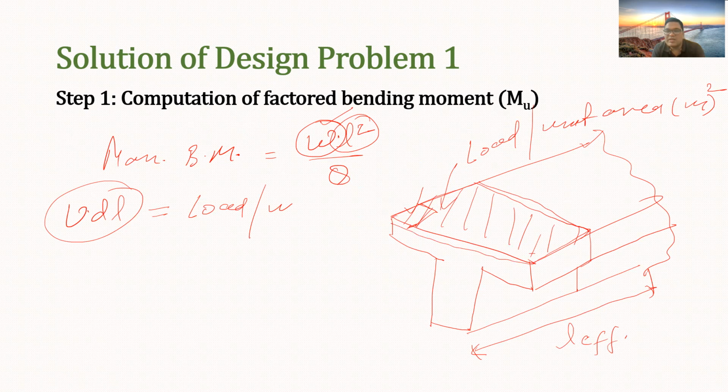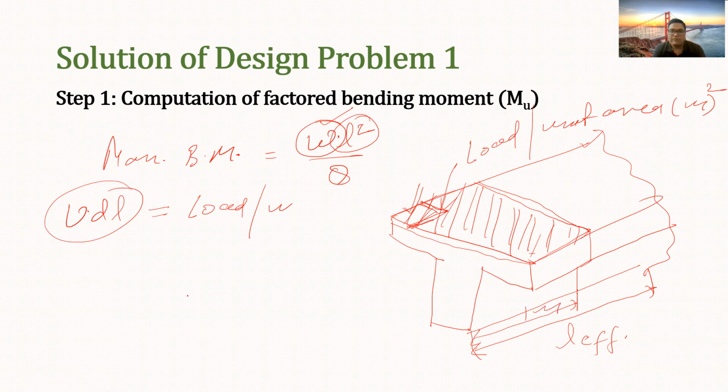So in 1 meter length, we have total area of the slab, this one. First we will find out the load intensity at unit, and then we will multiply this load intensity with the whole area covering under this 1 meter length.